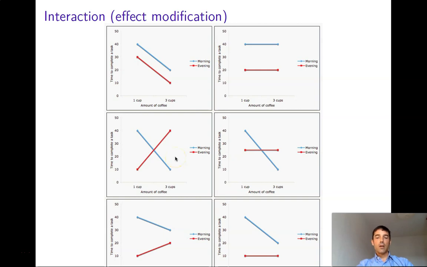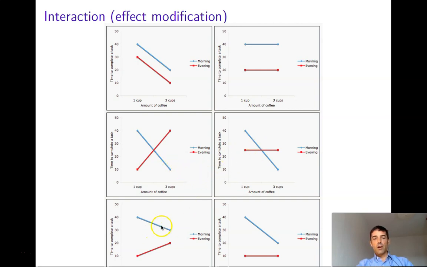And similarly, we would see no effect of the time of day if we were just averaging across 1 and 3 cups of coffee. So we actually have to look at both the main effects of coffee drank and time of day in order to see that both of these do matter and they depend on each other.